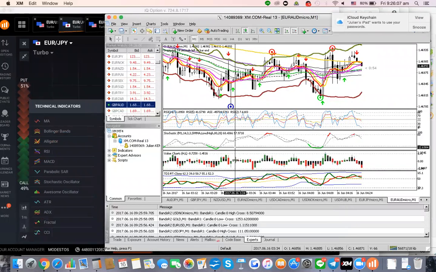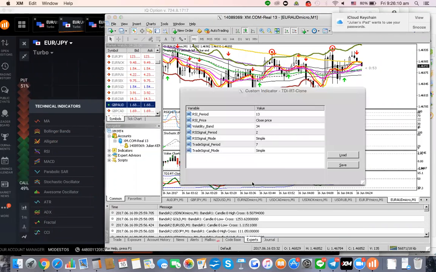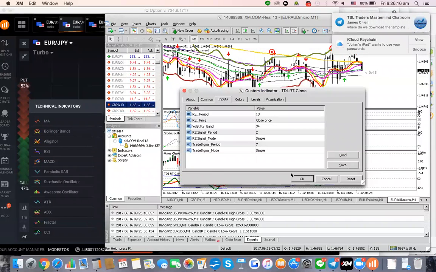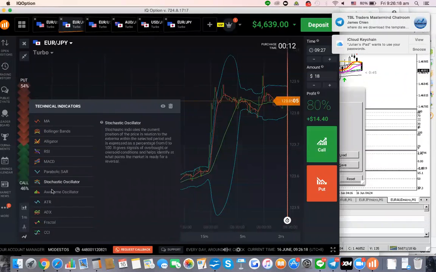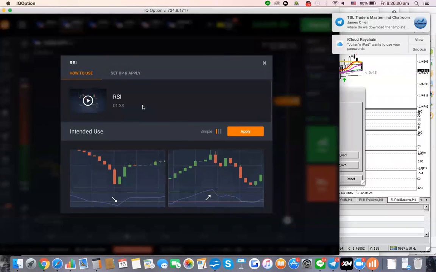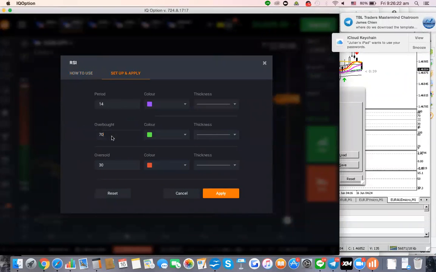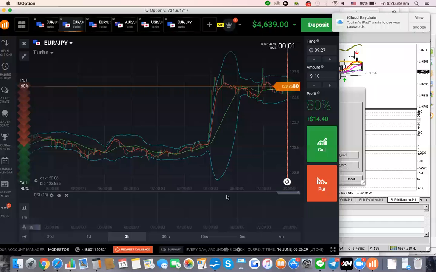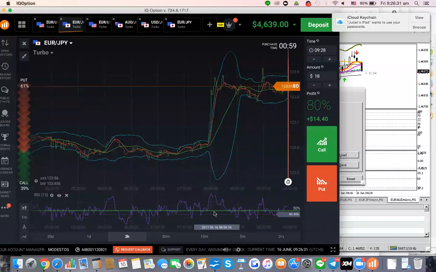And let's say over here they're using these values, for example RSI period 13. Maybe there is some reason for using RSI period 13. So if I wanted to add in RSI period 13, I personally like to just use the 50 line, so I can see what is generally above trend and beneath the trend.